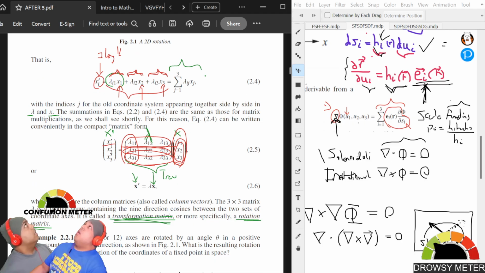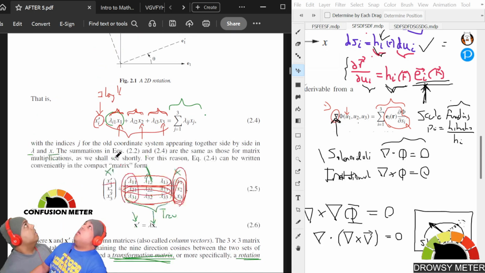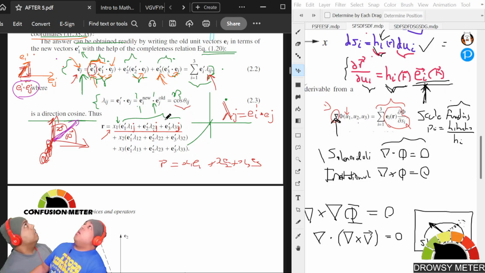Okay. Where x and x prime are the column matrices, the two vector matrices, and the lambda matrix has the 9 direction cosines between the two sets of coordinate axes. Cos theta ij.